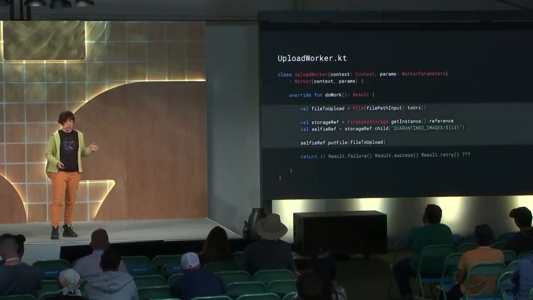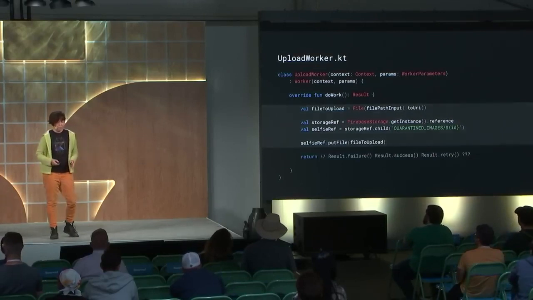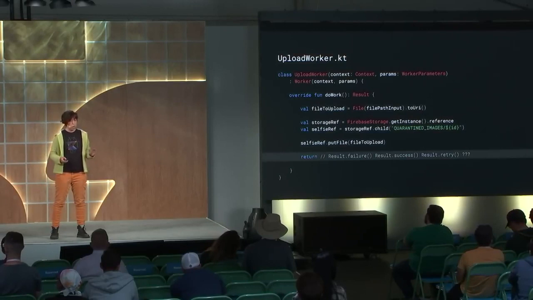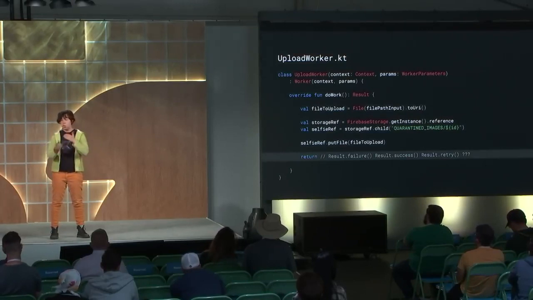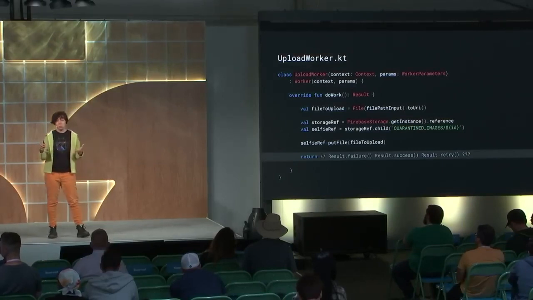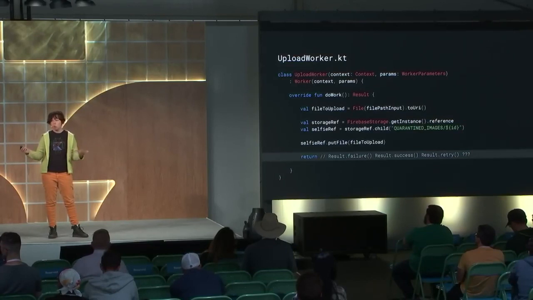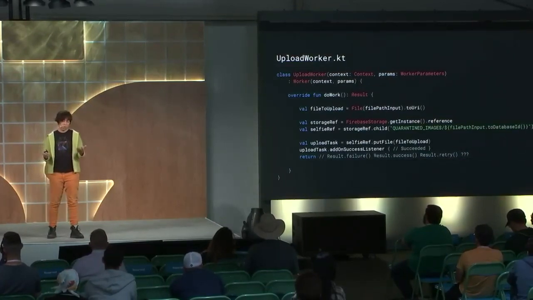Here you can see I put that snippet we were looking at before. But there is one problem with this: we're using the default worker class. The default worker expects that you do all of your work synchronously, and at the end of that, when you're done, you know whether you have failed, succeeded, or you need to retry. Now, we can check for this.